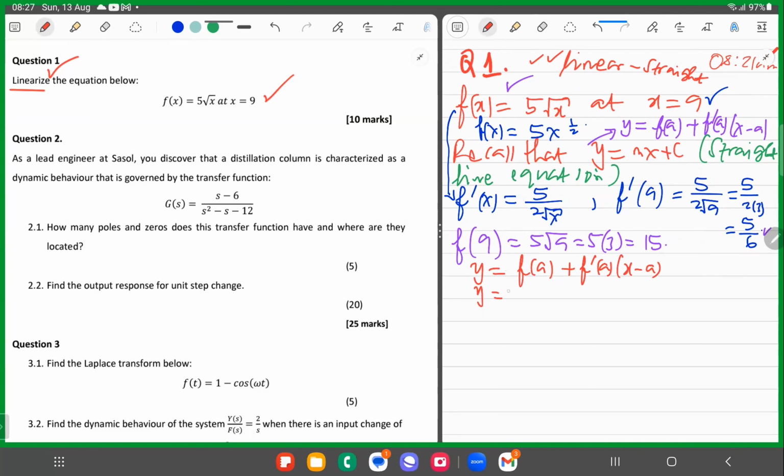Which means y equals, where a here is 9, and the value of the function at 9 is 15, so we put 15 here. The first derivative f prime of 9 is 5 out of 6, times x minus the a at which the derivative is computed, which is 9. And now we are in business, and so y equals, we just multiply through.